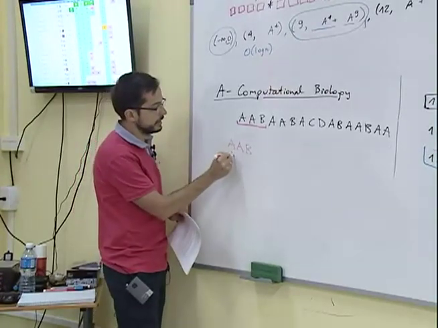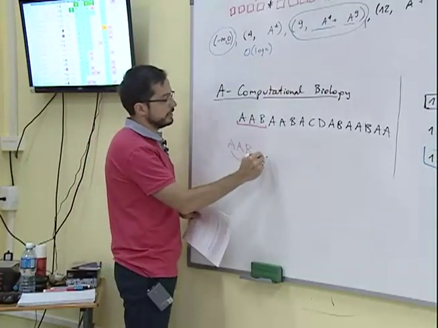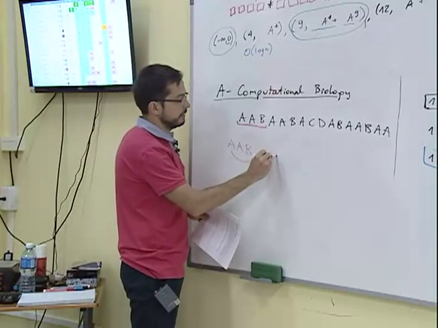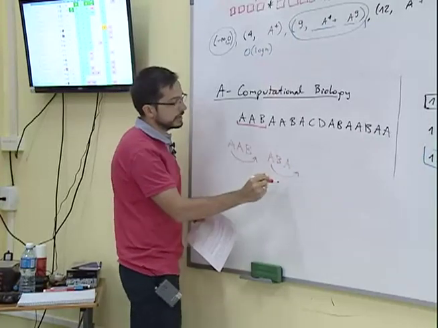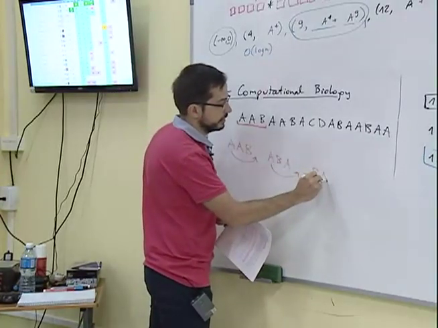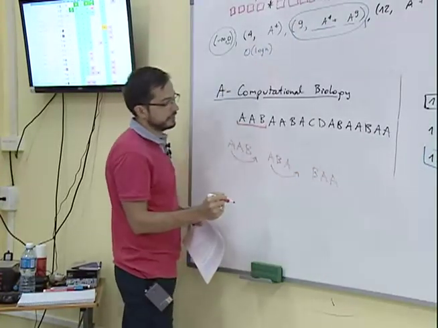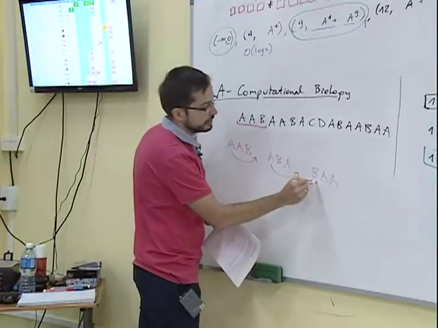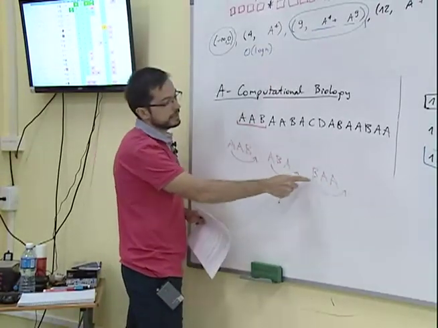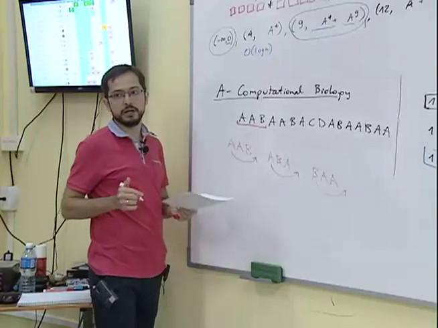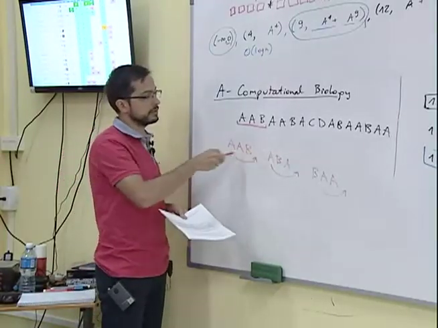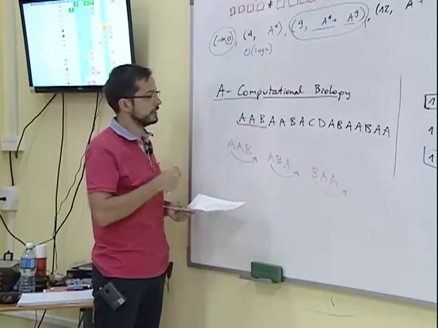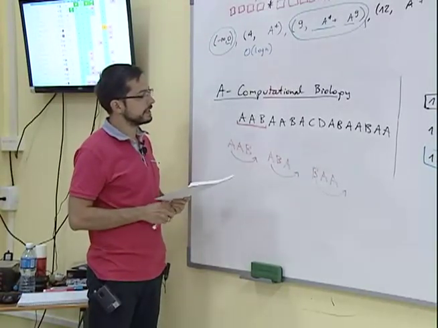So basically, we take A and move it here, and we end up with the word A, B, A. Then we take A, move it to the last position, and we obtain B, A, A. And then we take B to the last position, and once again we obtain A, A, B. All right. So these are the cyclic rotations of the word A, A, B.